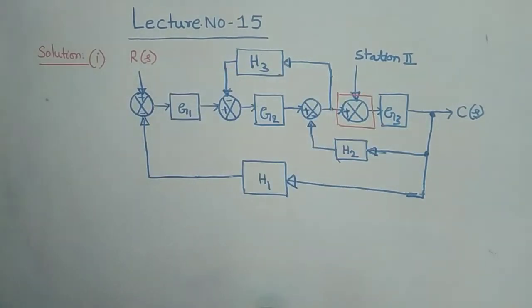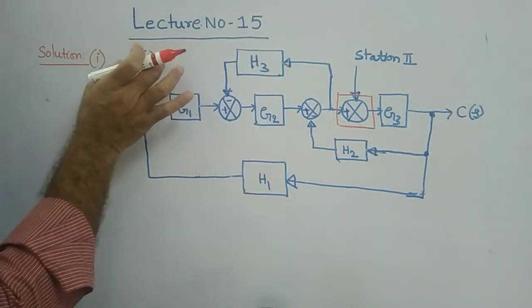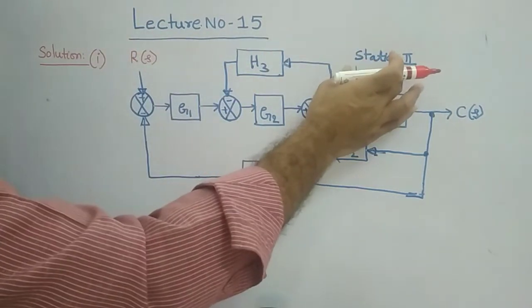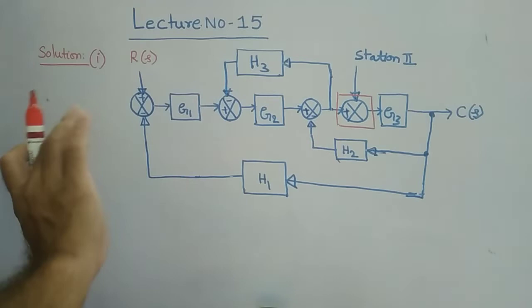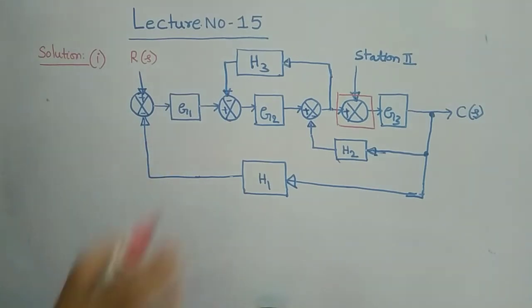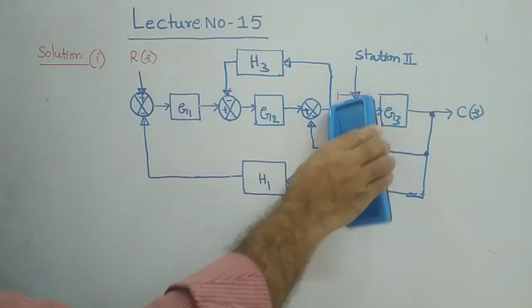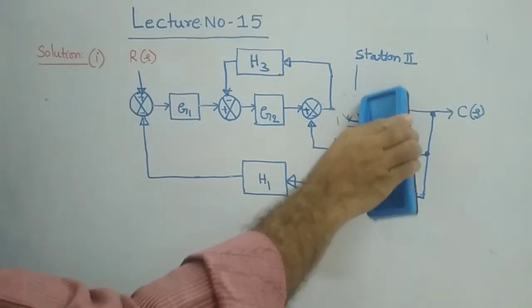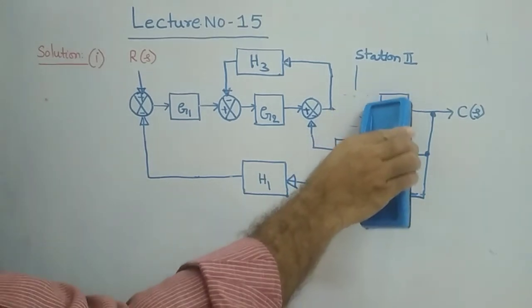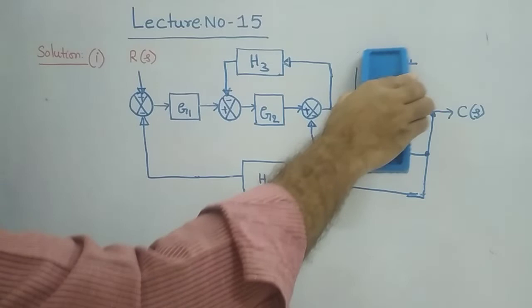This we have to remove, because we are considering station 1, so definitely station 2 is not to be considered, means it has to be removed. Completely you just remove that, that's all. There should be no station 2 for the first condition.